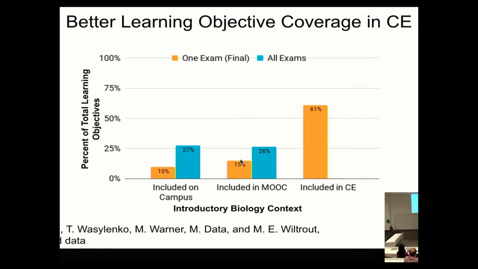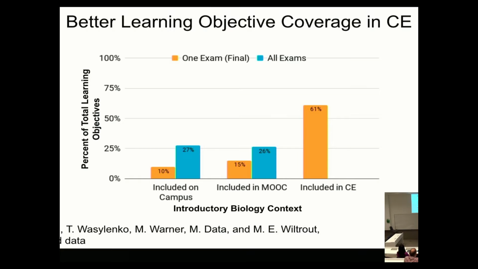And then in this competency exam, we have 61% coverage. One reason is just because we can make it longer. And two is because we're actually mapping the learning objectives, and there are a lot of questions that are just easy to always ask about. And so we're avoiding the repeating of the same things always being asked.